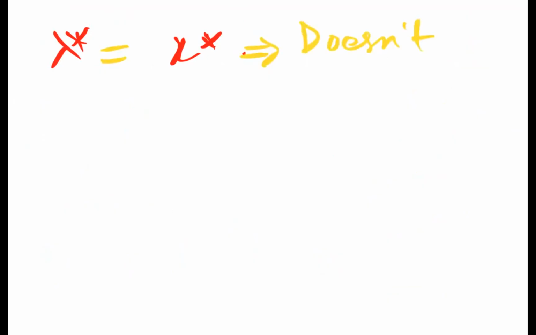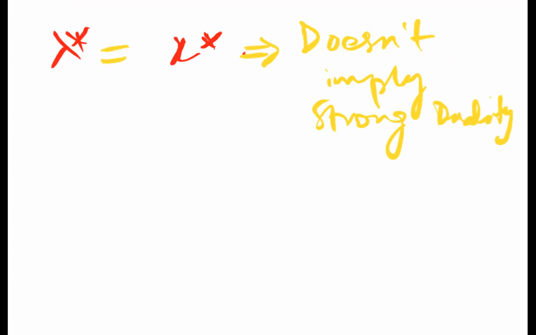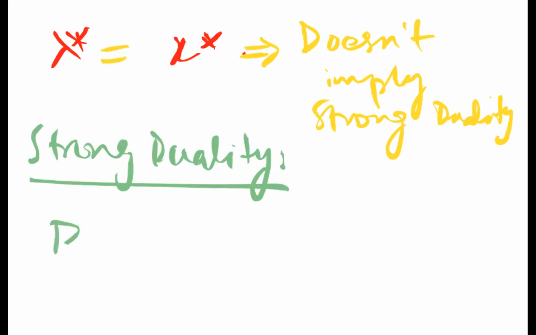What strong duality implies is that P star should be equal to the Lagrangian of lambda star. This is the condition of the dual problem. I hope you understood this one. So this is strong duality, not that one.